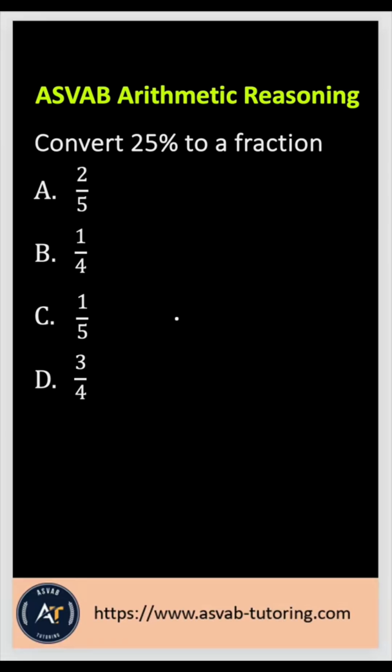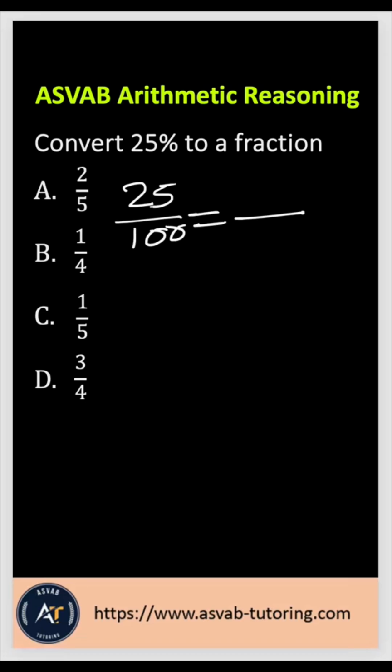Here is another easy question you might see in the ASVAB arithmetic reasoning section. The question says: convert 25% to a fraction. Percentage means out of 100, so you write 25 over 100.